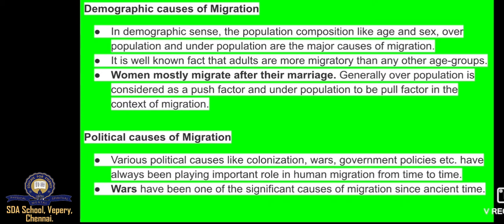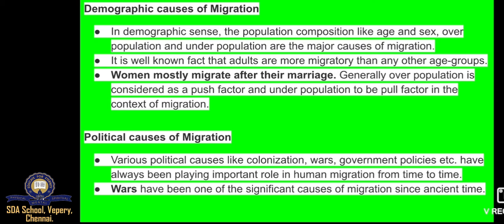It is a well known fact that adults are more migratory than any other age groups. Women mostly migrate after their marriage. Generally, overpopulation is considered a push factor and underpopulation a pull factor in the context of migration.